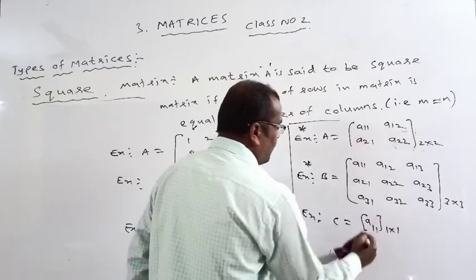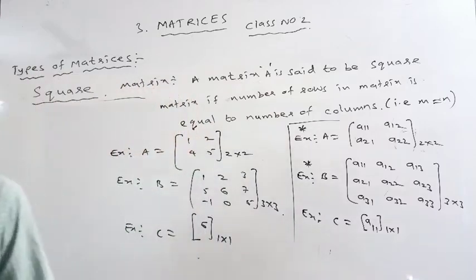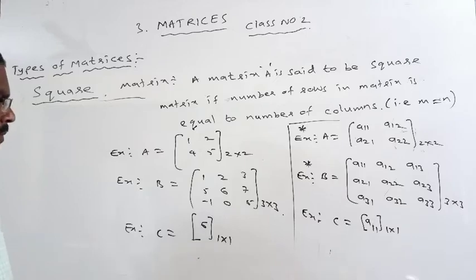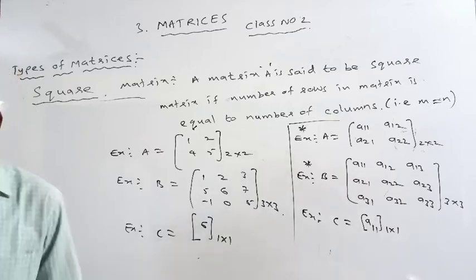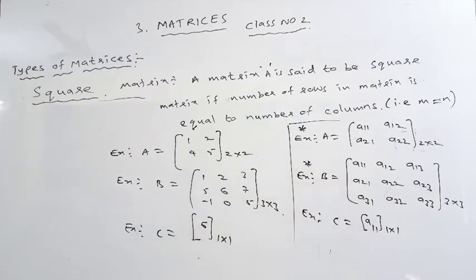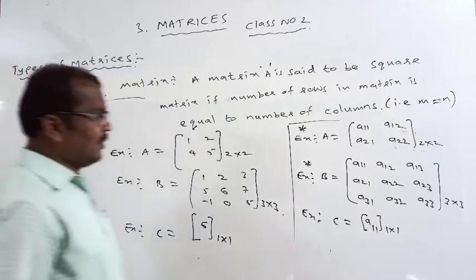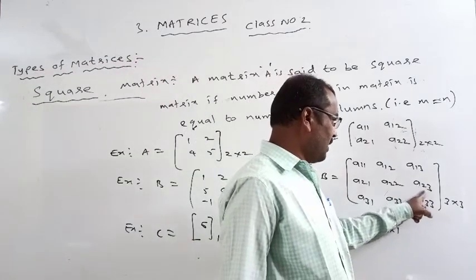First row, first column. So what is the meaning of A23 now? Second row, third column.